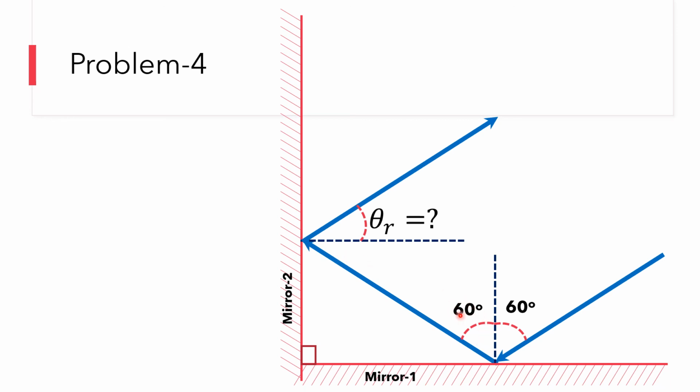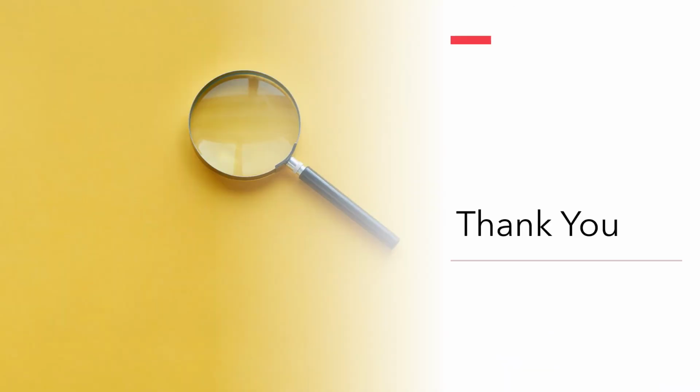So this is 60 gone. So this angle is, yes, how much? 90 minus 60, which is equal to 30 degrees. Once this is 30 degrees, we can apply the same angle here. So the final answer is 30 degrees. Very easy. I hope you understood. All the best. Thank you very much.